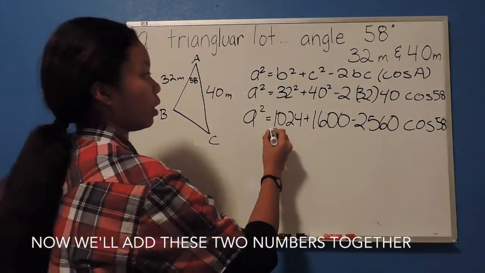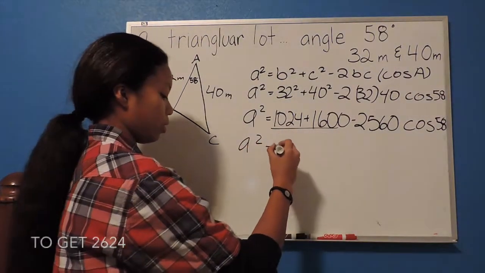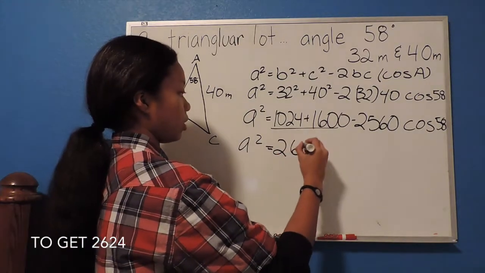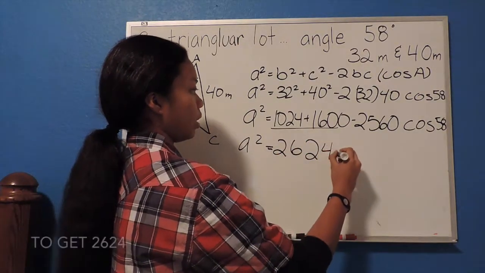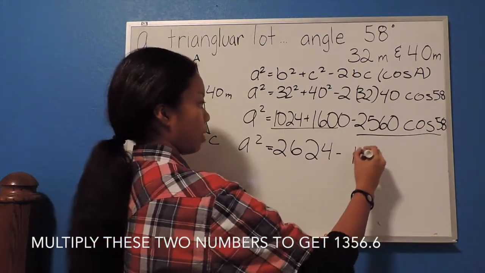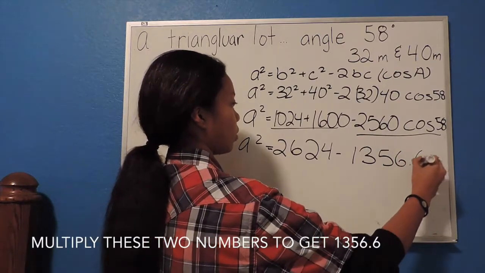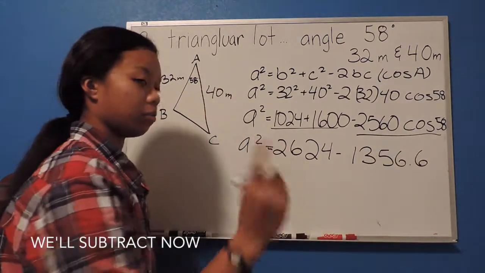Now, we'll add these two numbers together to get 2,624. Multiply these two numbers to get 1,356.6. We'll subtract now.